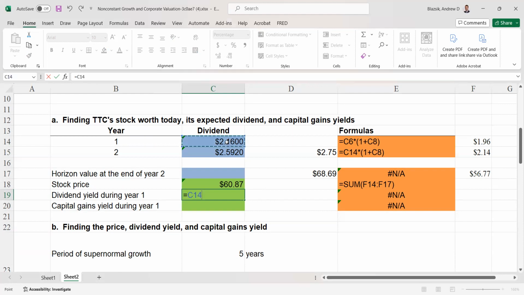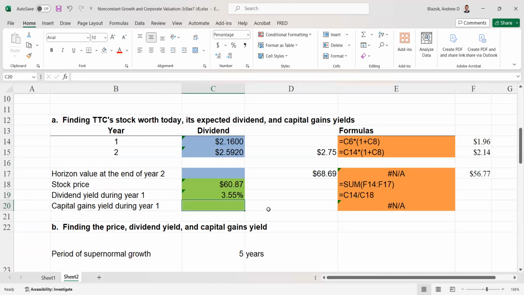So I take the dividend in the first year, and then I divide it by the stock price. What is this initial investment? What's costing me? I paid $60.87 for the stock, and I got paid a $2.16 dividend. So 3.55%.